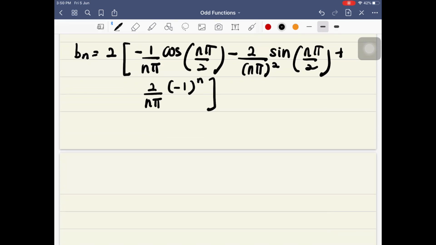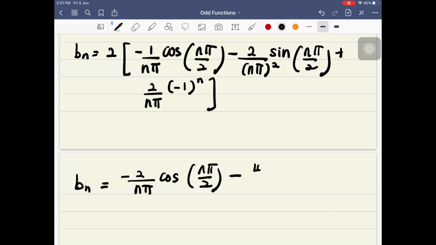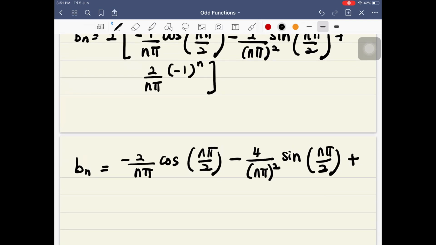You can substitute the value of 2 into this one. So therefore, your Bn is equals to negative 2 over n pi cos n pi over 2 minus 4 over n pi the whole thing squared sine n pi over 2 plus 4 over n pi negative 1 power n.